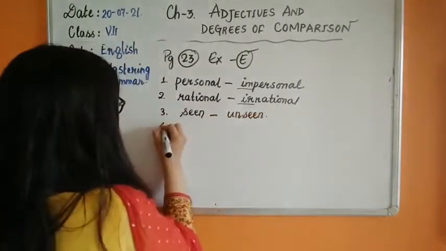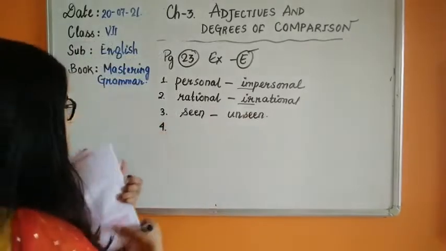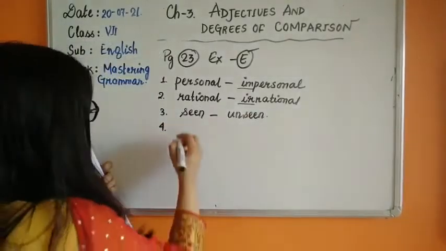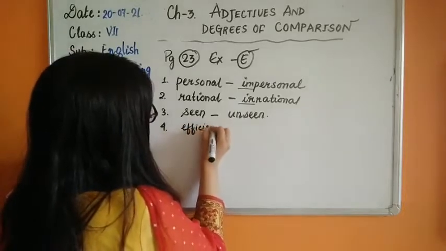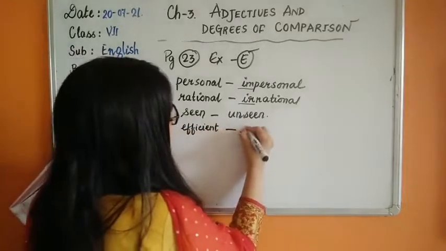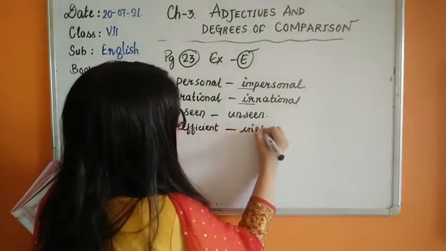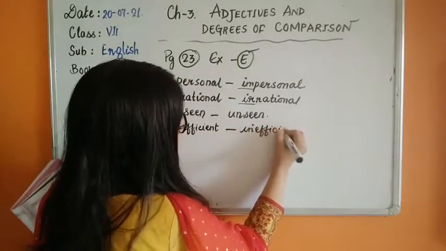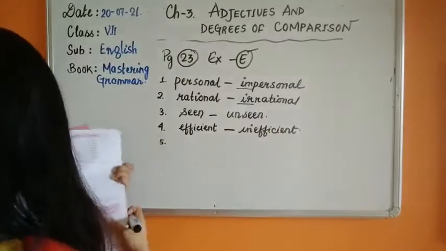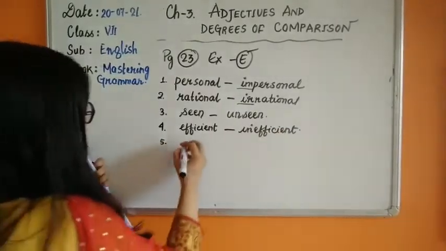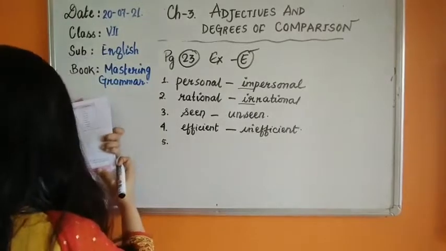When something is seen, you can see it. When something is unseen, you cannot see it. Efficient. What will we add? Inefficient. IN we will be adding. So, inefficient. Number 5 now we have proper.